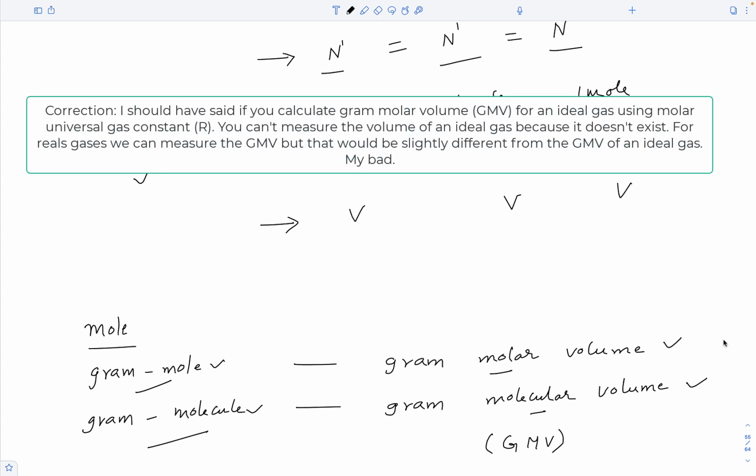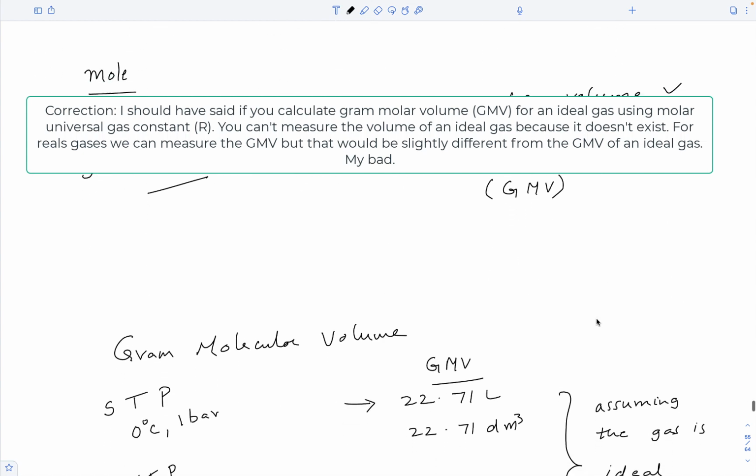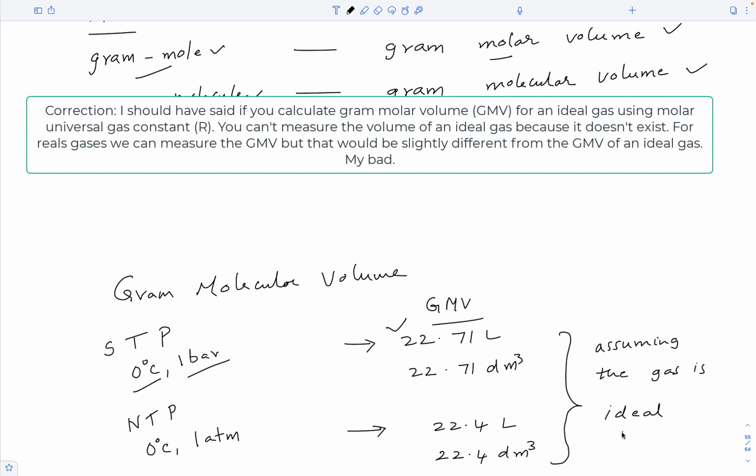Of course, if you change temperature and pressure, gram molar volume also changes. But if you measure the value of gram molar volume at standard temperature and pressure, that is 0 degrees centigrade and 1 bar pressure, its value will be 22.71 liters or 22.71 decimeter cube. Assuming the gas is an ideal gas.